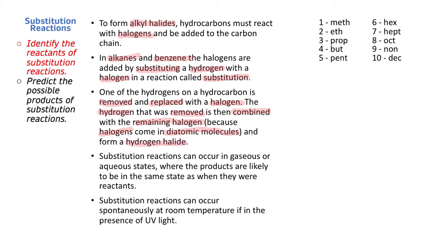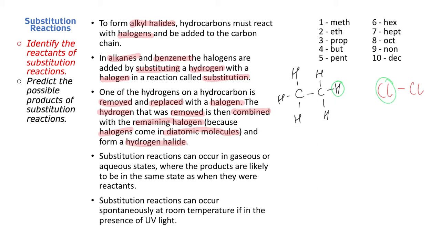What does that look like? Let's just say we have C, and let's draw all of these hydrogens out. Then we have Cl2. When this reaction occurs, one of these hydrogens is swapped out with one of those.